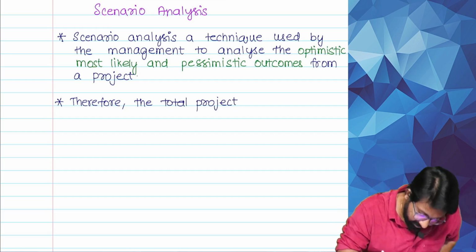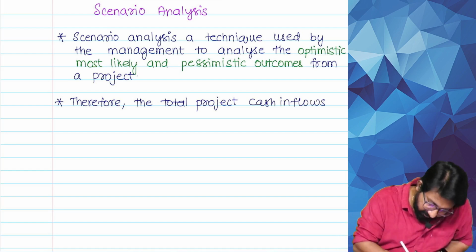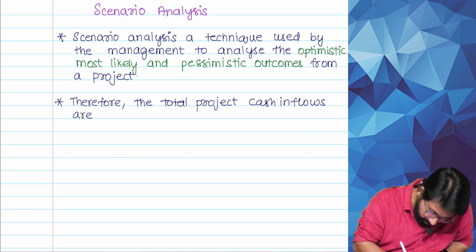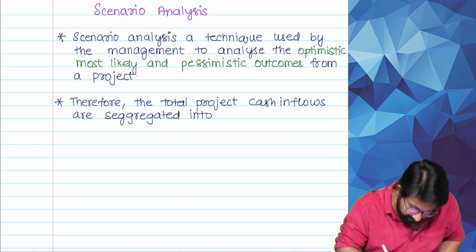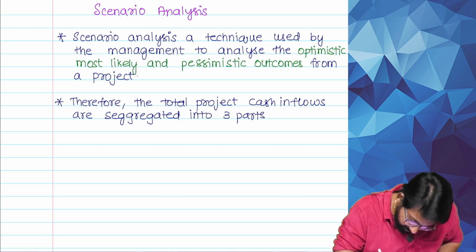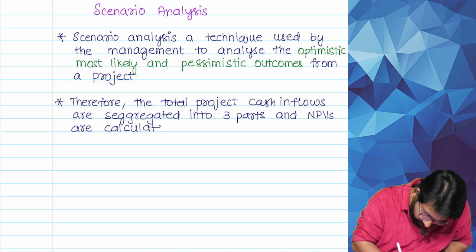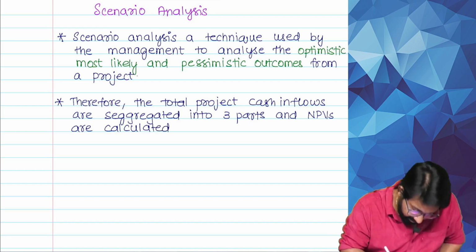Therefore, the total project cash inflows are segregated into three parts and NPVs are calculated.